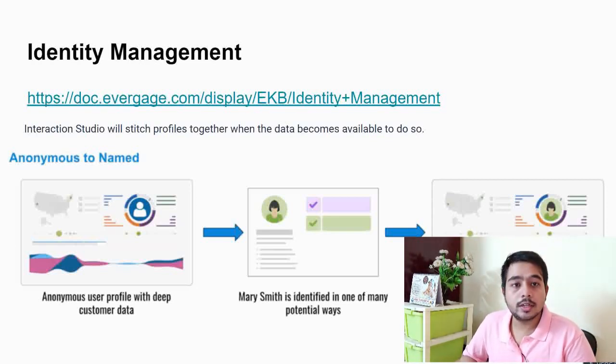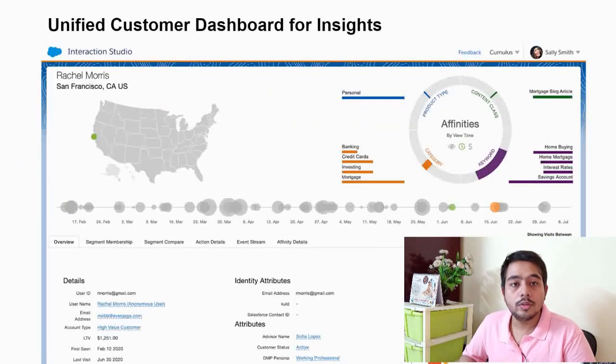All those data from various sources, or maybe some offline data that came from FTP, is collected and aggregated into one single view of the customer. So first the user is anonymous, then they turn into a known user, and all this unification happens.